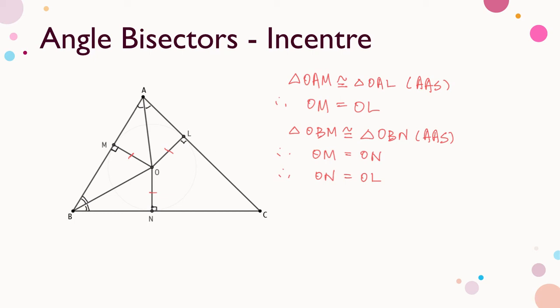Now, consider triangle OCN and OCL. They are congruent by RHS. Thus, angle OCN equals angle OCL.